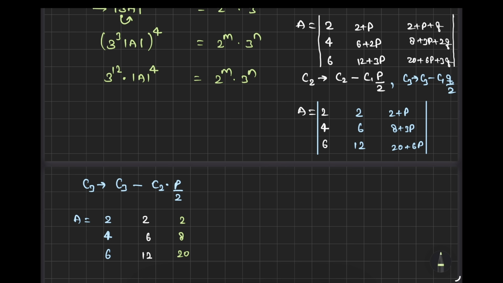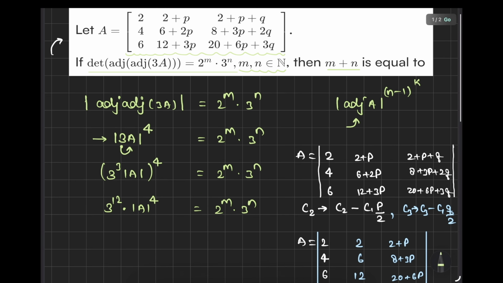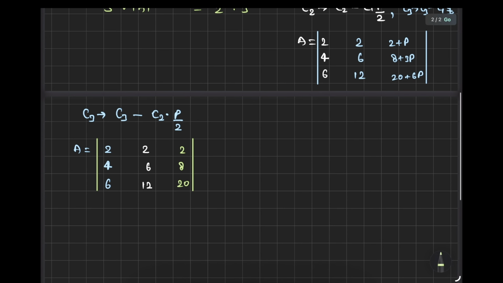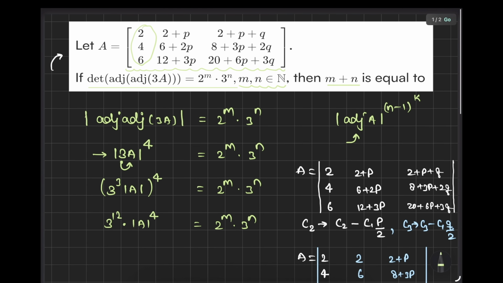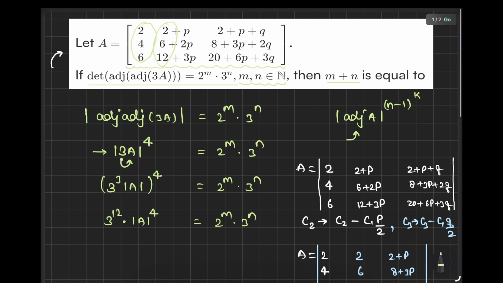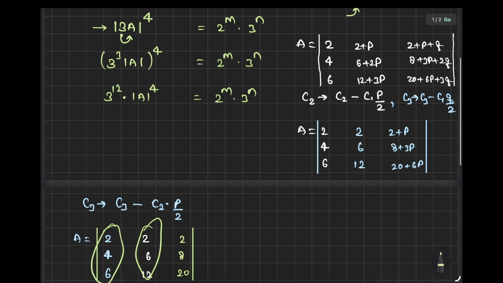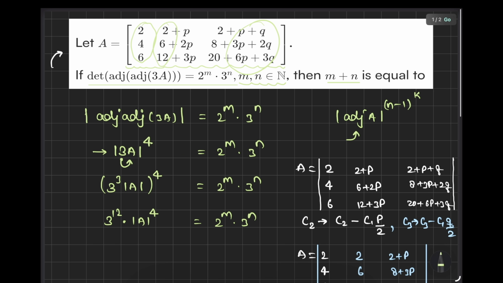Now what I have told you earlier, look at this, if you assume p and q to be 0, this thing will become what? This is 2, 4, 6. Then if p is 0, this is 2, 6 and 12. If p and q are 0, this thing is gone, so we will be left with 2, 8 and 20.